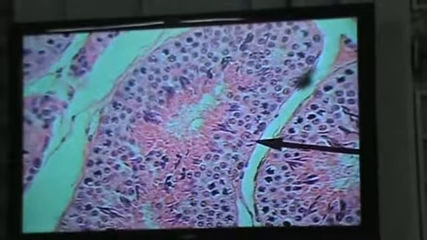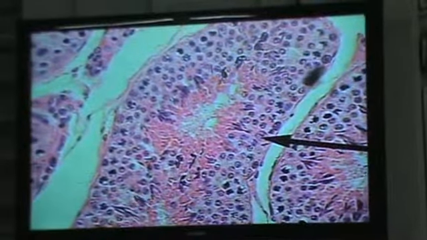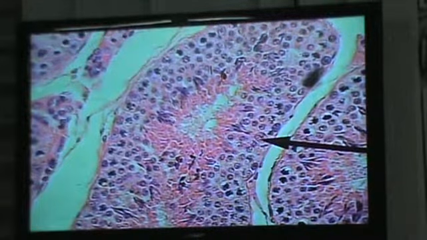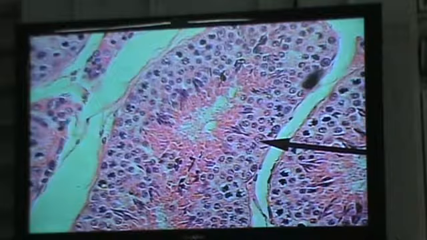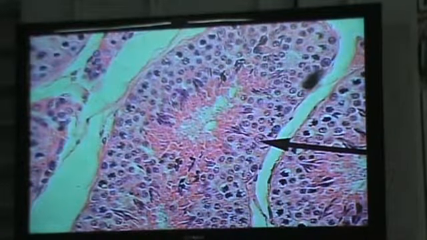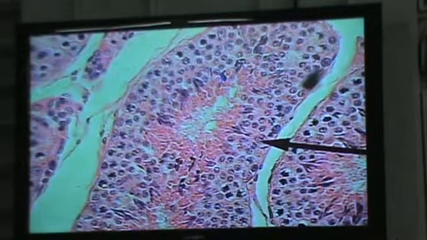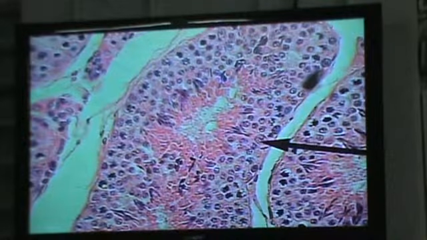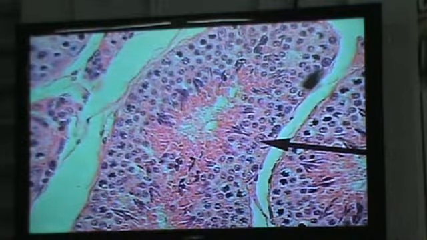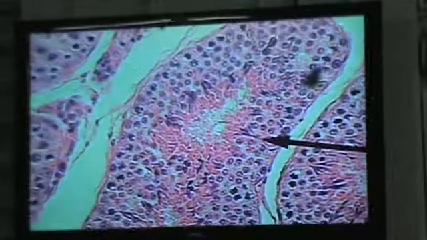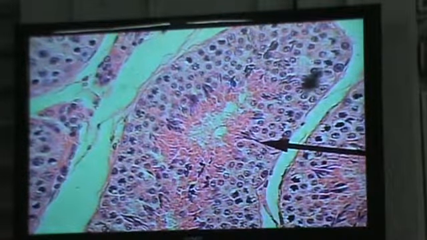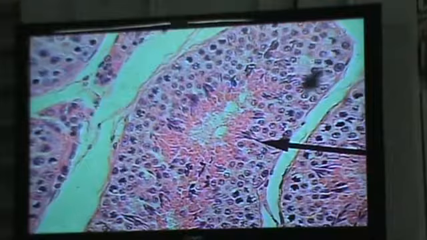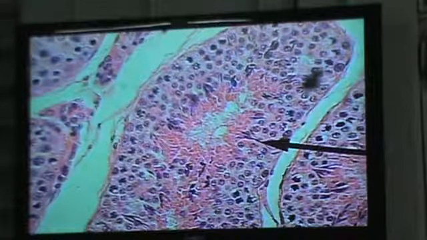But this one here seems to be a Sertoli cell right here. He looks quite different. The cell is normally pyramidal in shape. But if you look right here, you see a number of them just anchoring in. You see a lot of heads of these spermatids just converging.